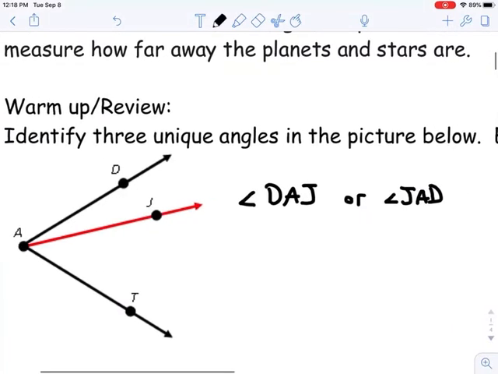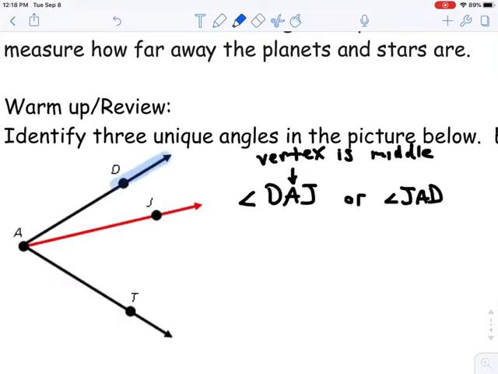What's important when I name an angle is that the vertex is the middle point. It tells a story. You start at D, go through A, then go through J. Or I go through J, end up at A, go through D. It tells a story, a specific order.